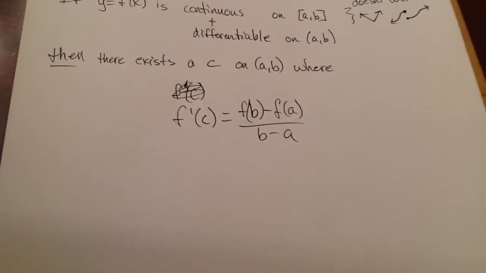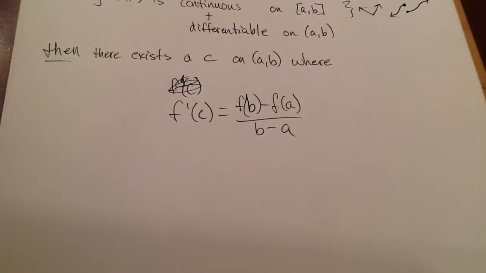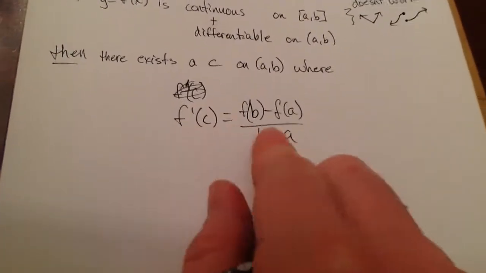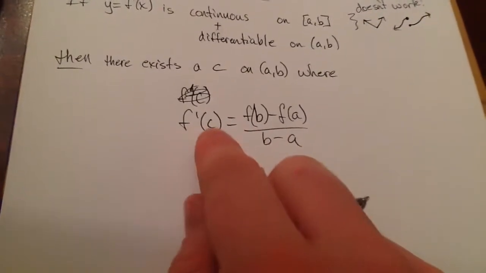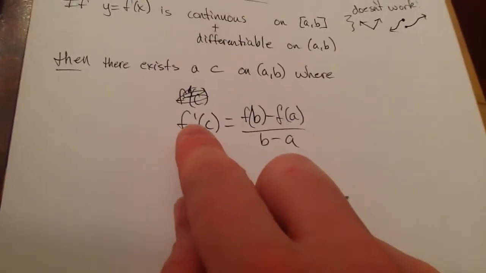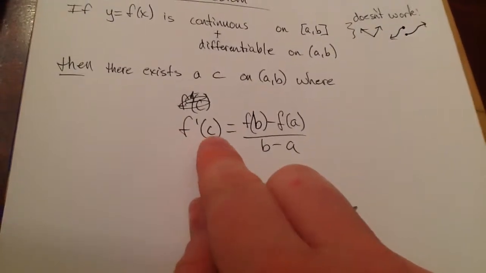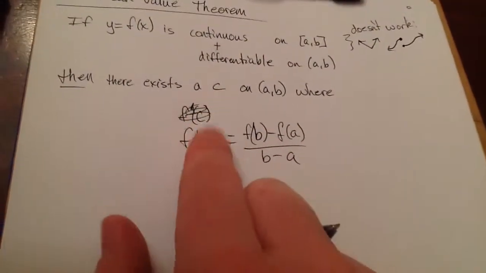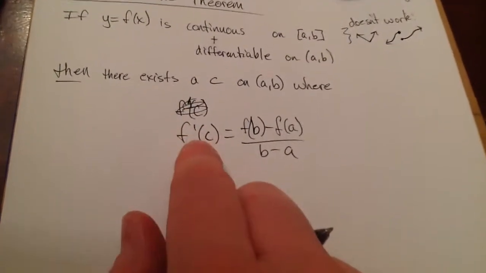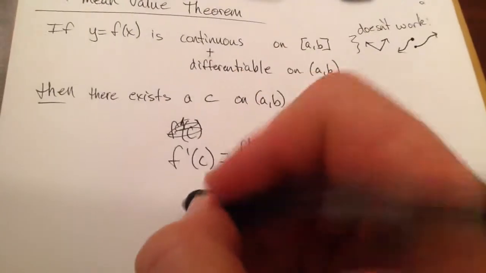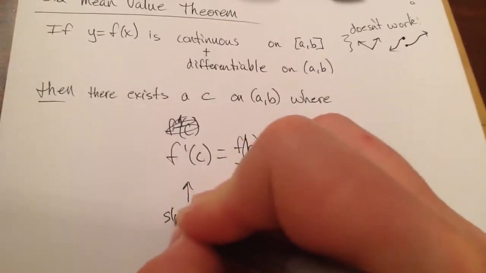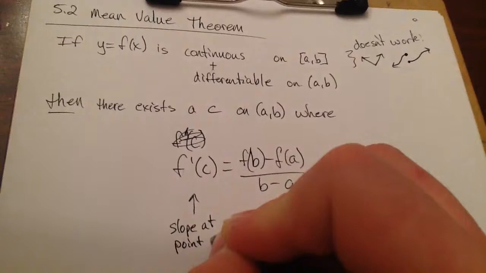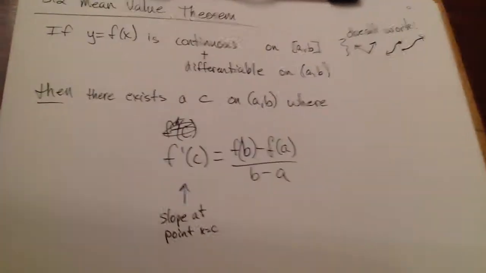Let you copy it. It helps if you can read this and then interpret this. So f prime of c, what's that mean? Think about it, that's the derivative at a point c. So the derivative of the function at that point, or the slope at that point, right? So this says slope at point x equals c.